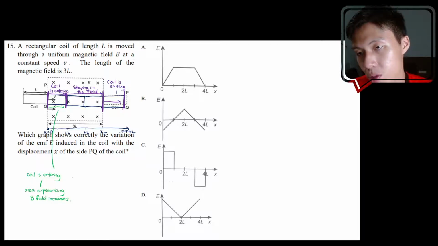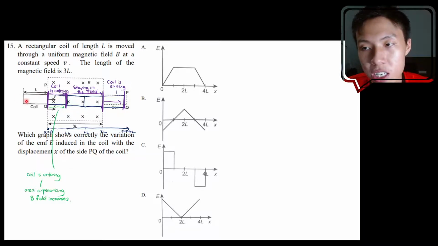Okay, because you see before that when PQ is over here, the whole coil is outside, so there's zero area that is experiencing the magnetic field. But as PQ is moving towards 1L, the whole coil is gradually entering the uniform magnetic field.